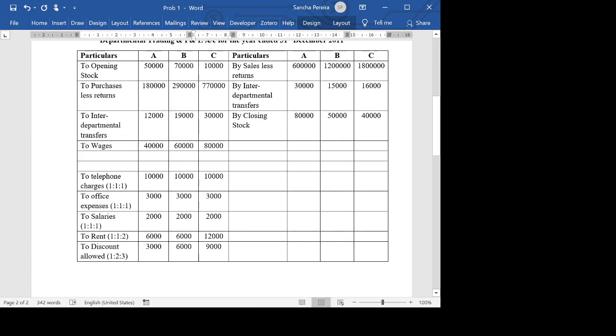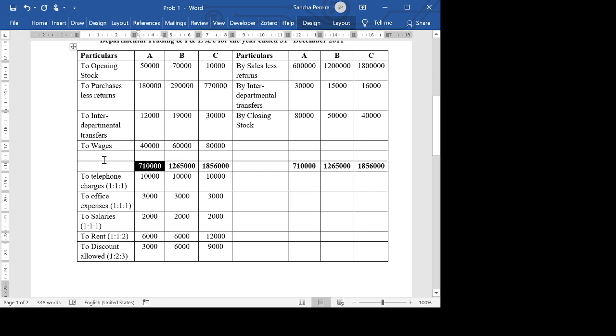So here if you check, the credits are heavier, so we have a gross profit here. The total here comes to 7,10,000. Then we have 10 lakhs 65,000, and here we have 18 lakhs 56,000. And to gross profit we have 4 lakhs 28,000.